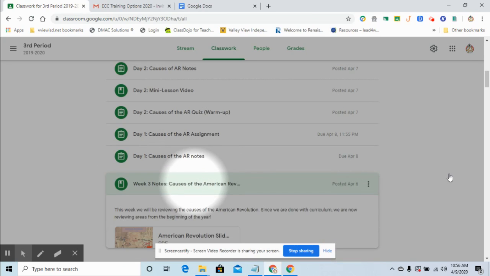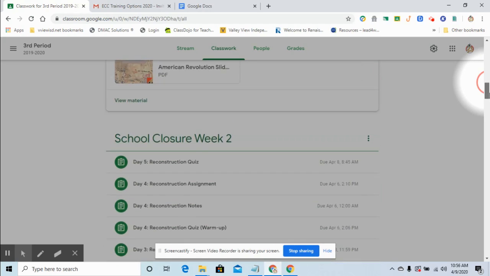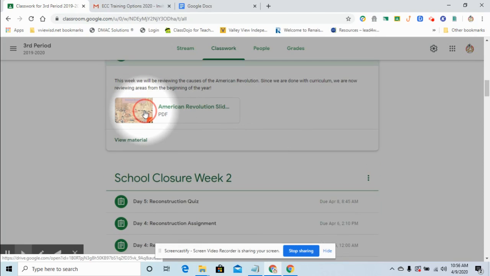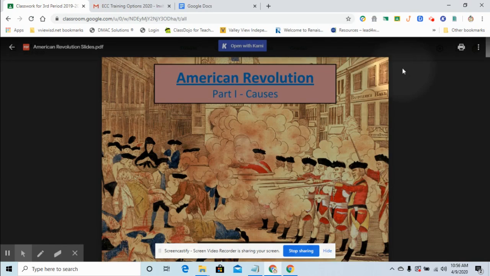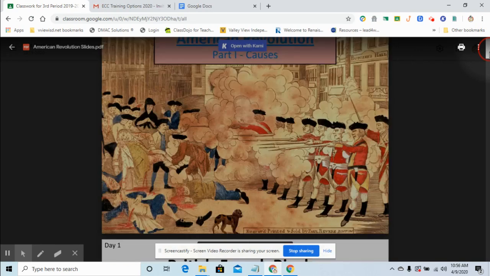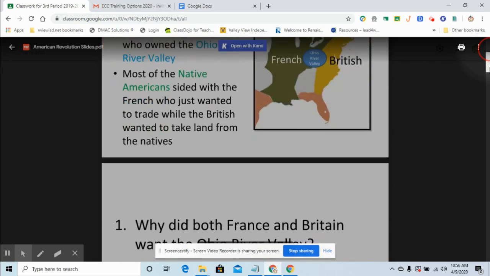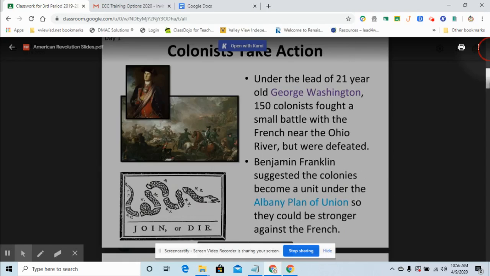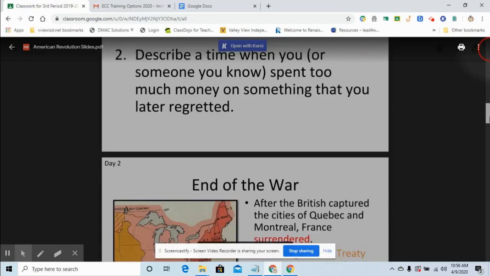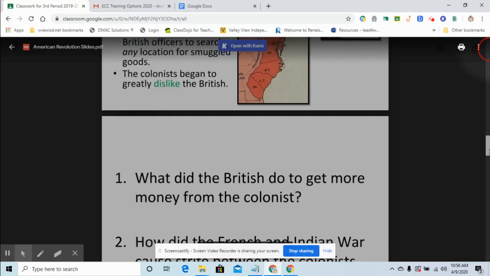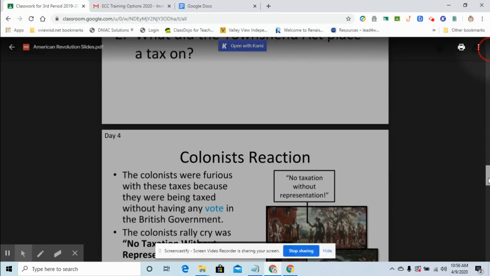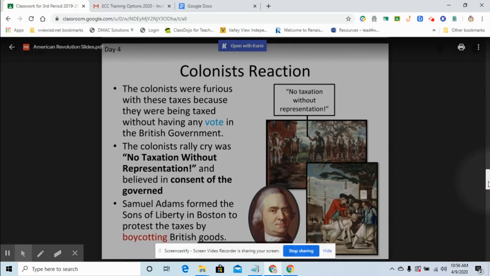When you open this up, this week I went ahead and uploaded a PDF. That way you can access it from any kind of computer or your phone. This is going to be all of our notes laid out all together. And today we are on day 4. This is the last day of the week since we have the Easter holiday coming up.